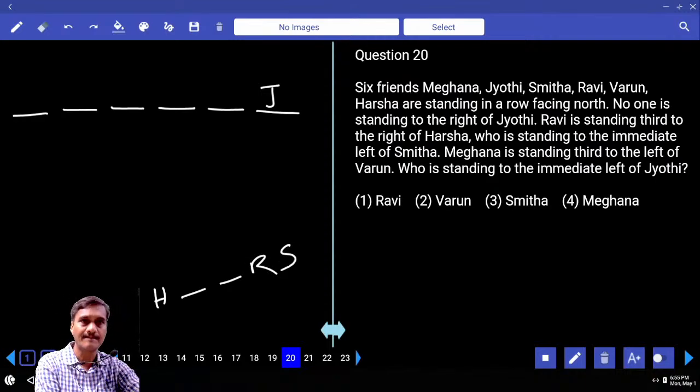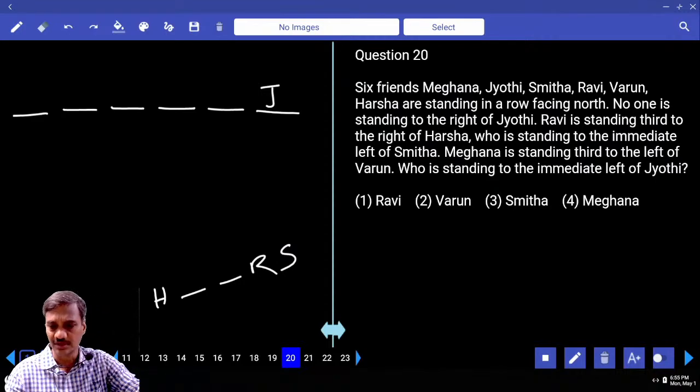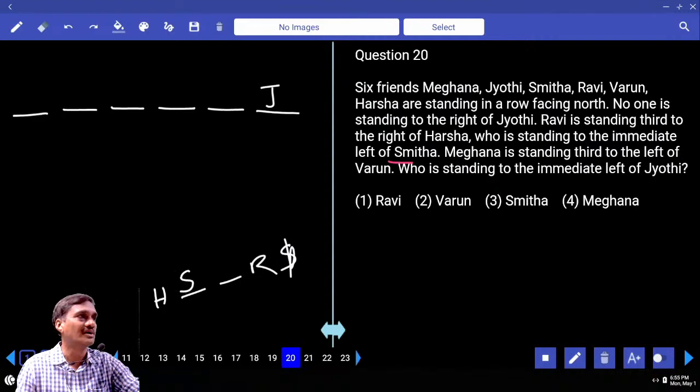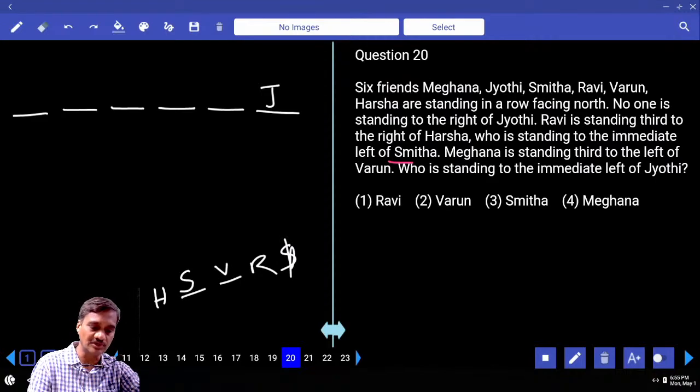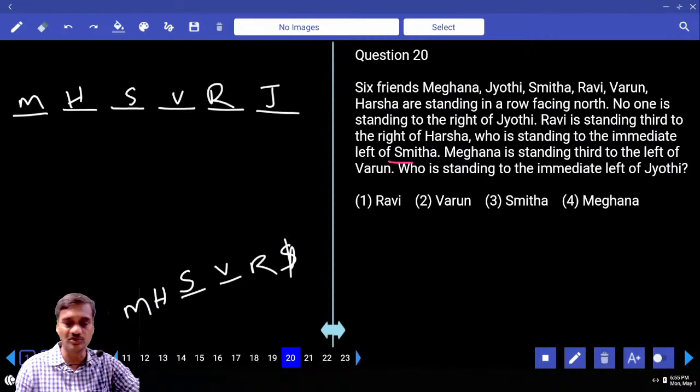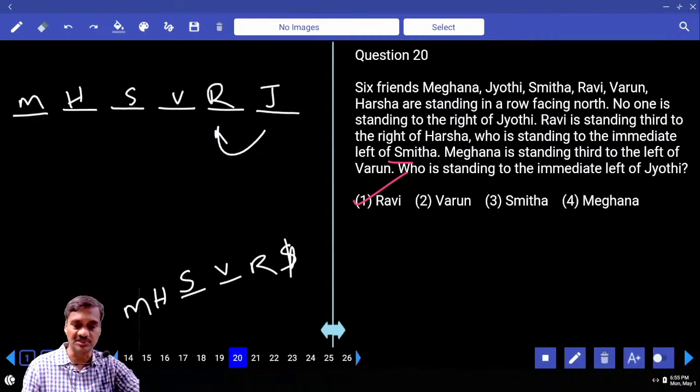Meghna is standing third to the left of Varun. If Varun is here, 1, 2, 3, Meghna will be here. So all these 5 persons are here: M, H, S, V, R. Then who is standing to the immediate left of Jyoti? That is R, Ravi, choice 1, question number 20.